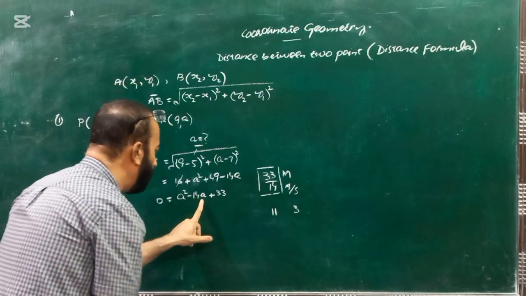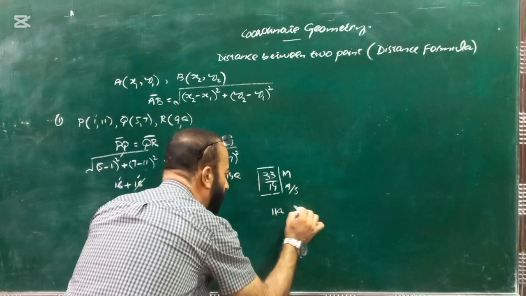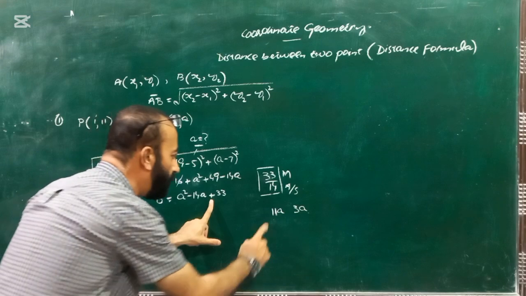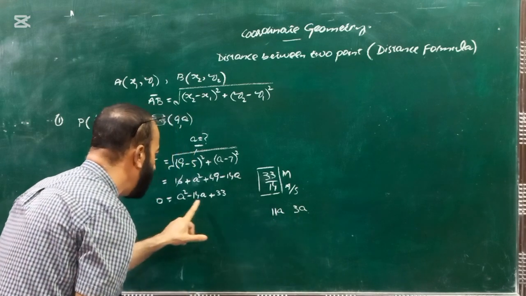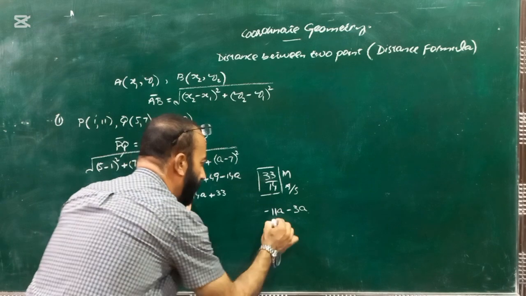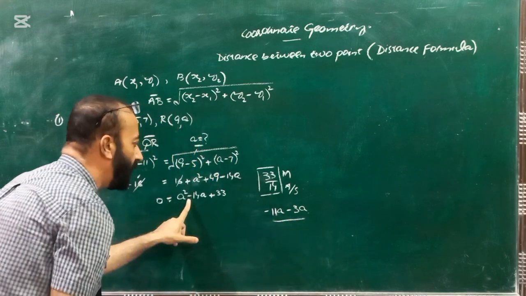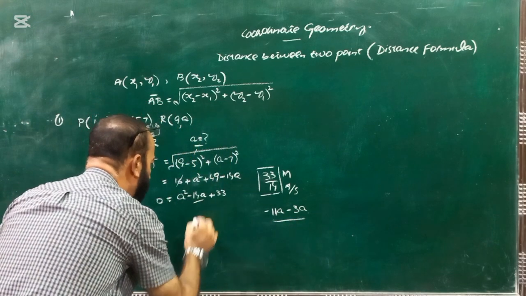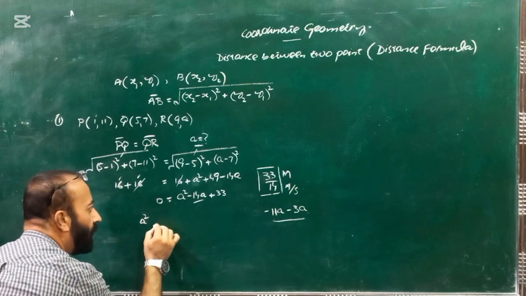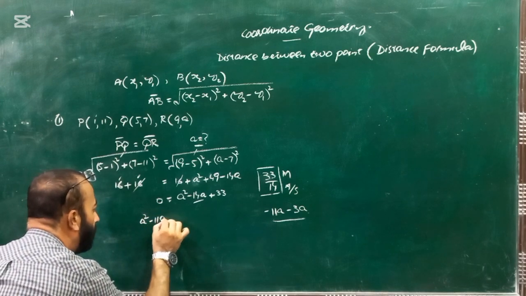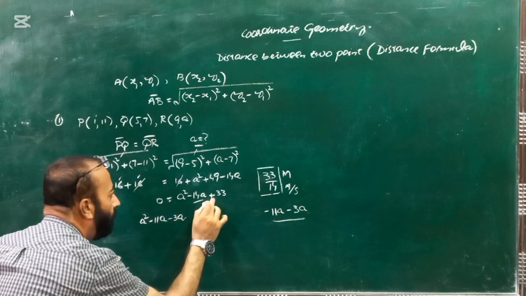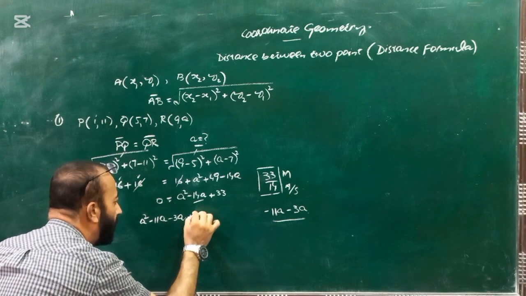So write the variable of the central term with both of these numbers. The plus sign tells us that both values will have the same sign, and the minus sign tells us that both values will be negative. So put this pair in place of the central term. Now it becomes a square minus 11a minus 3a plus 33 equal to 0.